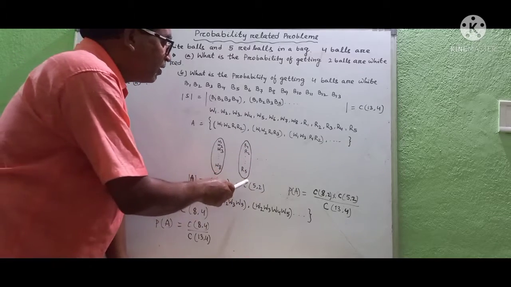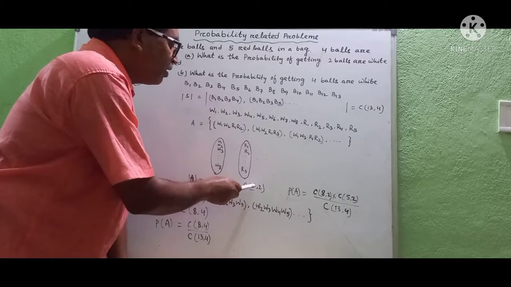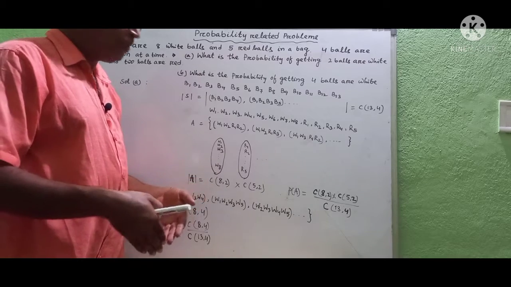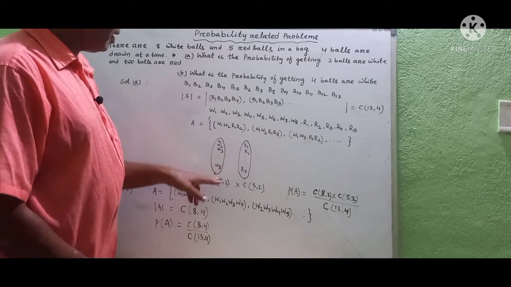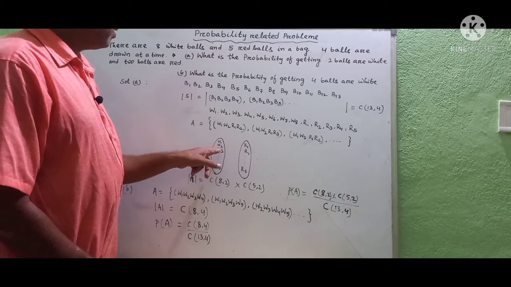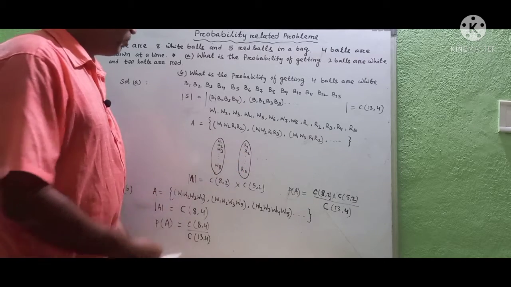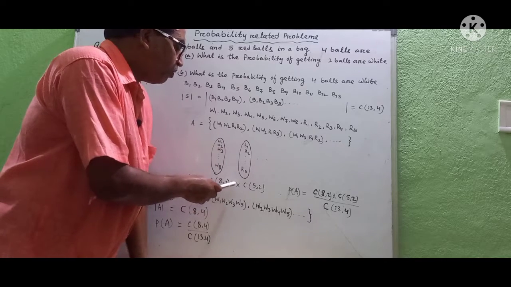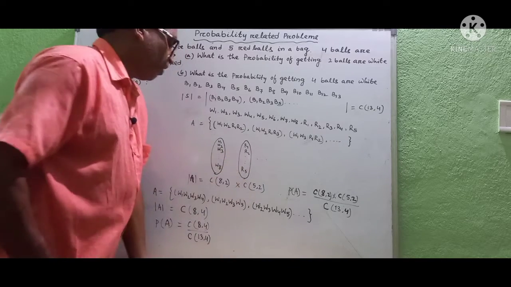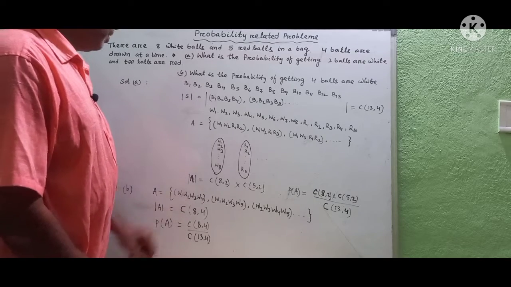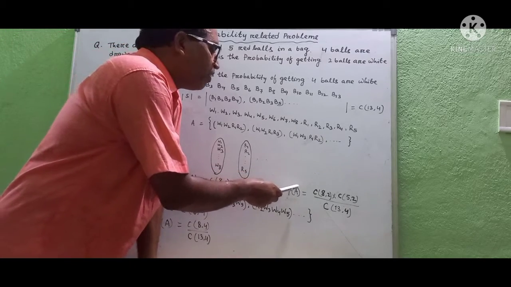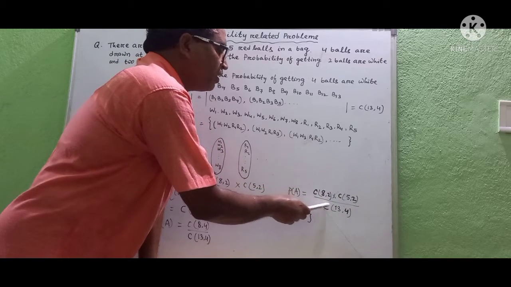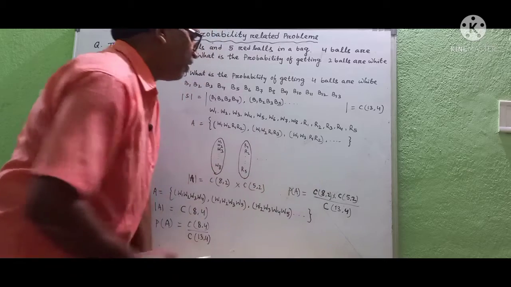In how many ways? That is C5,2. So how many choices will be possible by taking here and taking here also? By the counting principle, C8,2 into C5,2. So the probability of A is equal to C8,2 into C5,2 by C13,4.